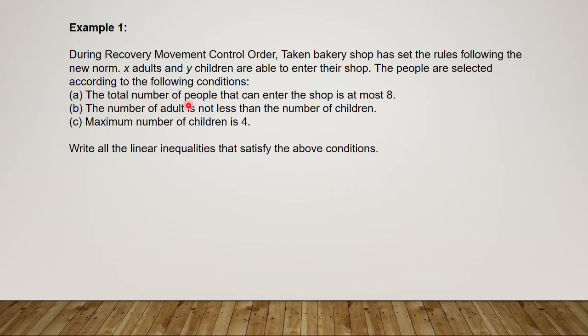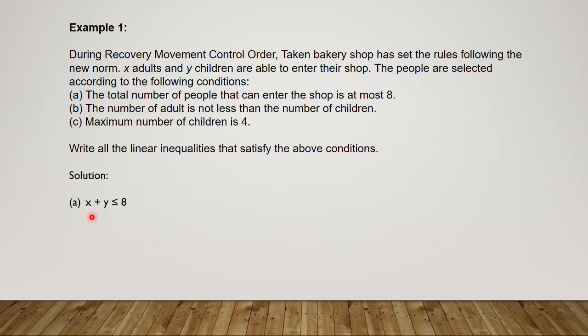A, the total number of people that can enter the shop is at most 8. So if the number of people that can enter the shop is at most 8, it means less than or equal to 8, right? And for X adults and Y children, it means the total of people that can enter. So X plus Y is less than or equal to 8.